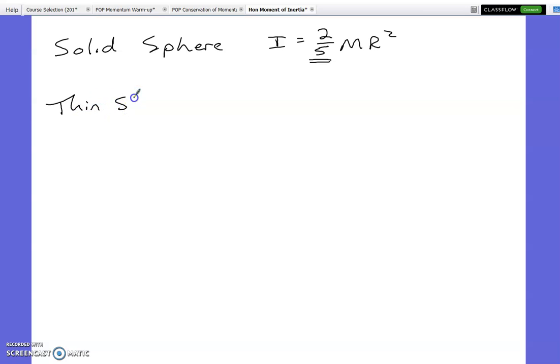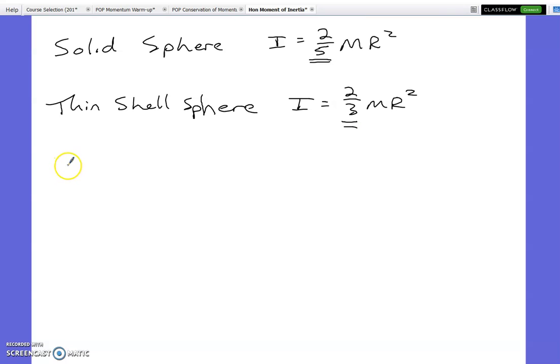But if it's a thin shell of a sphere, kind of like a basketball or a tennis ball that's hollow in the middle, then the moment of inertia is 2/3 the mass times the radius squared. Notice that the coefficient is a bigger number. If more of the mass is located on the outside, it is going to have a larger moment of inertia.